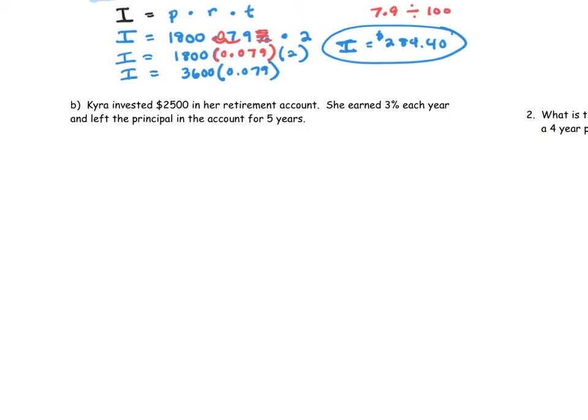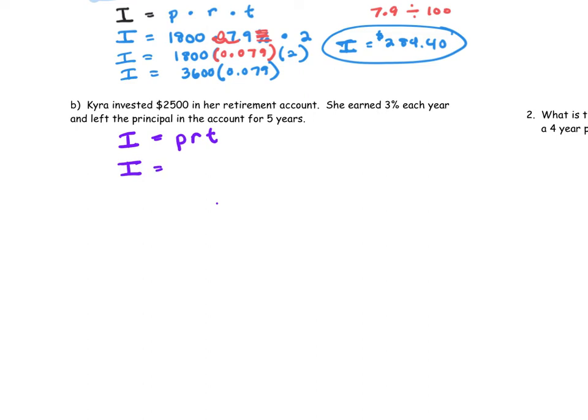All right, using what we just finished doing, I'd like you to see if you can set this up using this formula. Interest equals principal times rate times time. See if you can fill in or substitute for the variables. So the I stays because we're trying to find the interest.